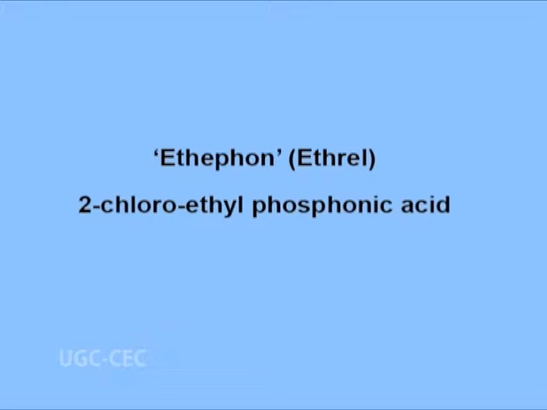This compound is 2-chloroethyl phosphonic acid. This is absorbed and transported in liquid form by the plant, and it releases ethylene slowly by chemical reaction when it breaks down to chloride, ethylene and phosphate.